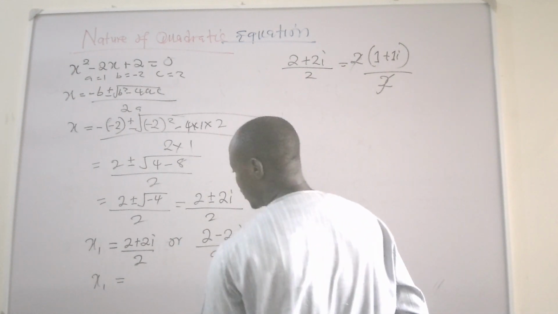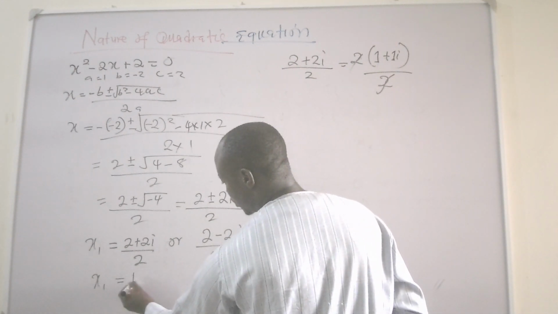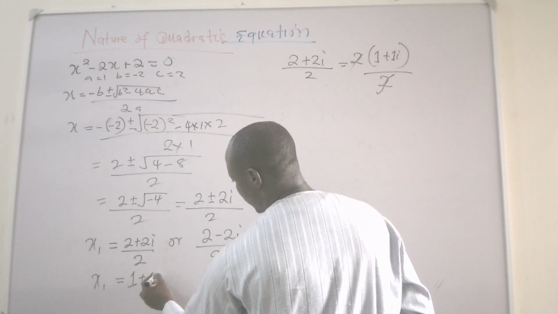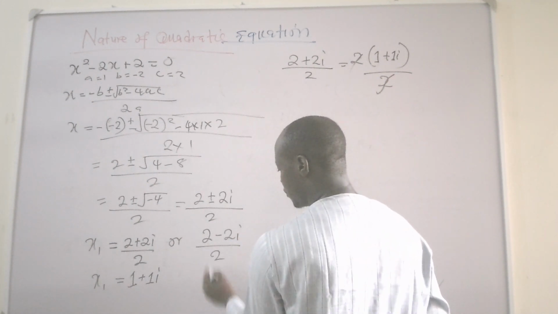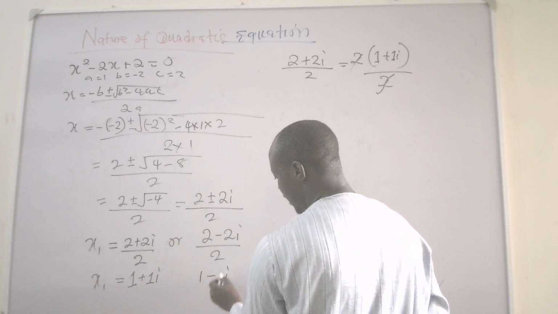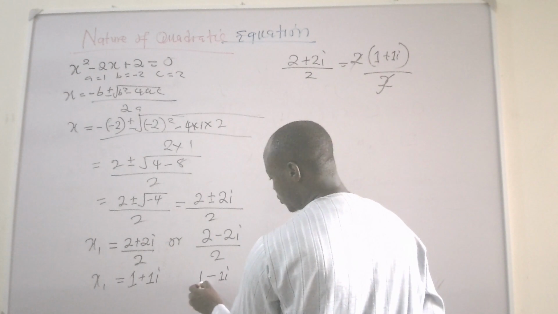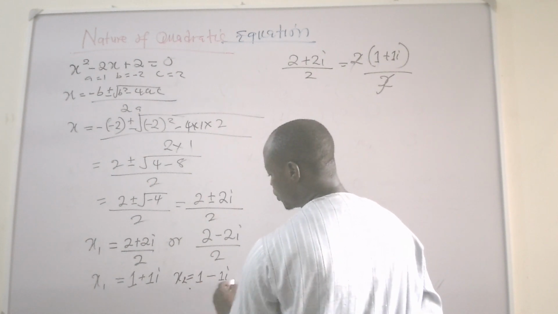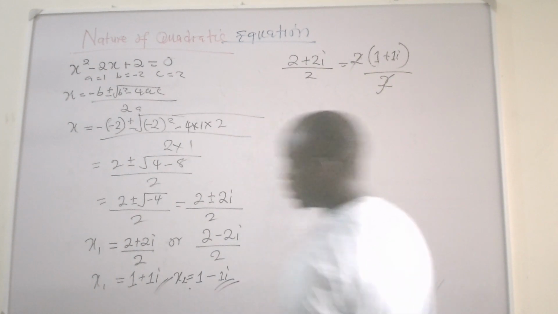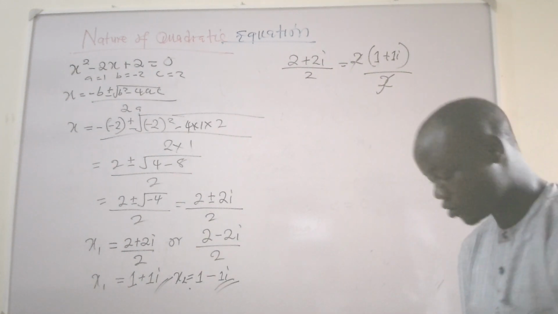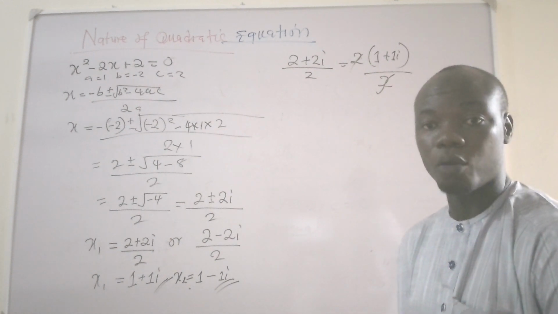So at the end, our final answer for x1 is going to be 1 plus 1i, and for x2 it is going to be 1 minus 1i. So these are imaginary roots, so you cannot use the factorization method to solve such a problem.